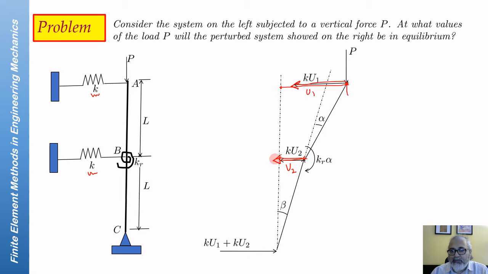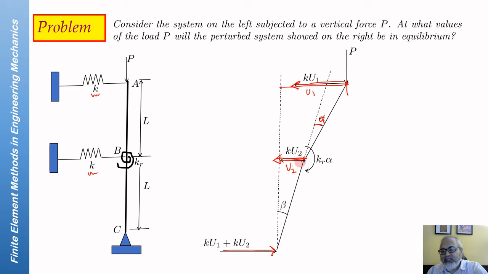This is going to apply a force ku2 here, and then to balance these two forces, you need a force ku1 plus ku2 at the support point in the other direction. So this is the reaction force. On top of that, this is a rotational spring. So if this undergoes angular displacement of alpha, then this rotational spring will be subjected to kr times alpha, which is a moment that's going to be applied at this joint.